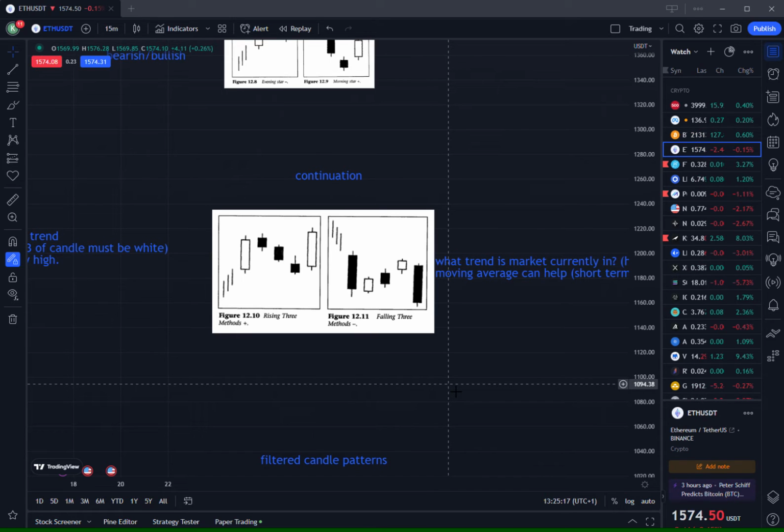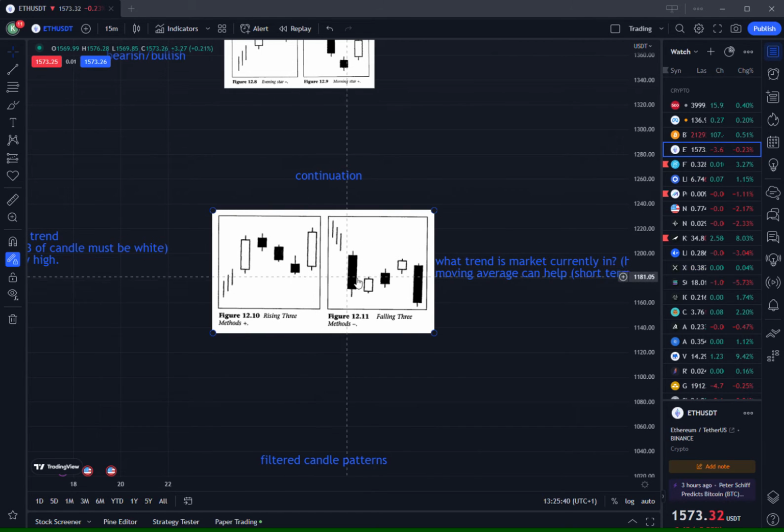Now, this one is also kind of familiar, because I've seen this one a couple of times. This is the rising three or the falling three. Basically, what you'll see in this one is an uptrend, a huge long candle, followed by three rather small candles. They don't have to be within this range, but around that range would be perfect.